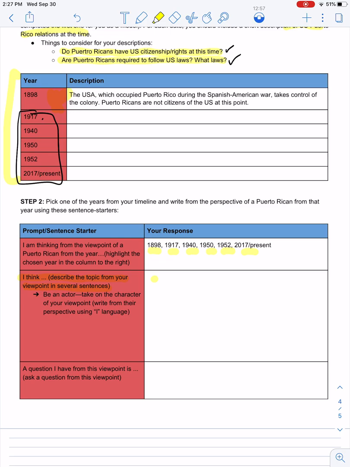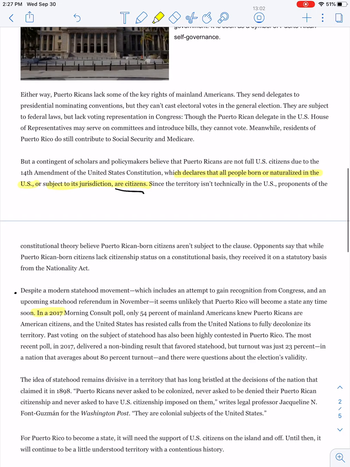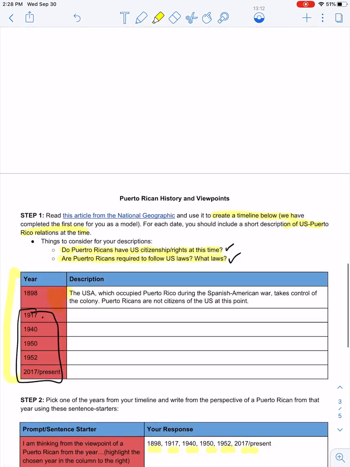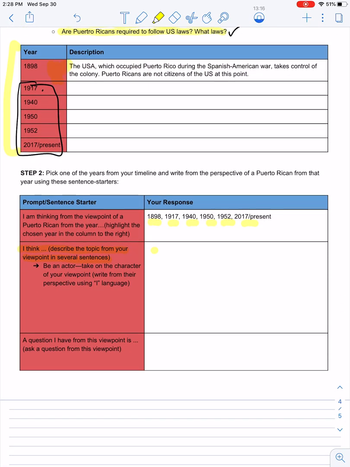Be an actor, take on the character of your viewpoint, write from their perspective using I language. So if you are going to take the role of 1940, you're going to come back up here, find your 1940, which is right here, read it again, see what was going on in Puerto Rico in 1940, and then come back to your chart, and you're going to highlight viewpoint, what was going on in Puerto Rico at the time. It's the perspective of a Puerto Rican from that year, okay? And then down here, you're going to ask a question that you have from this viewpoint.